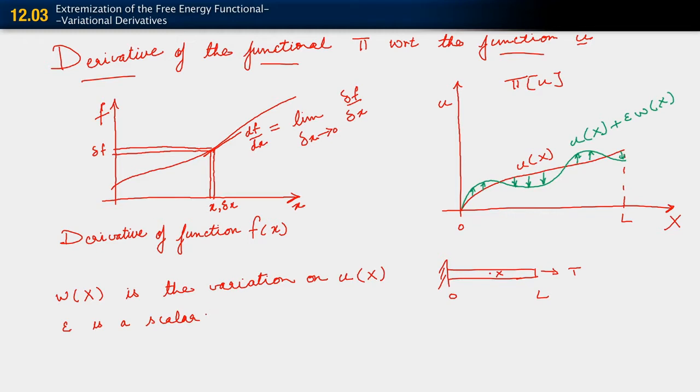We have decided that we want to carry out a variation of u using this new field that I've introduced, w. Epsilon lets us control how much I want to vary u. Just a scalar, just a multiplier. Do you want to have a lot of variation with w or just a small amount of it? The whole point is we want to be able to control the amount of variation separately of the variation function itself.